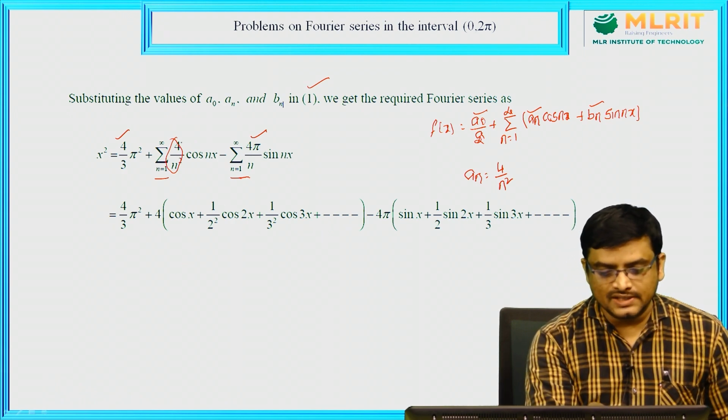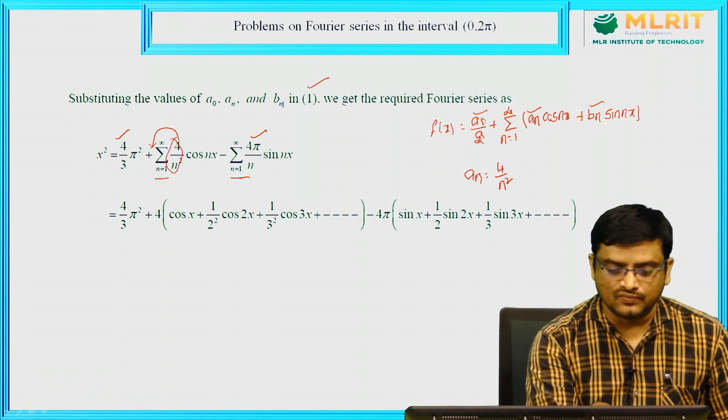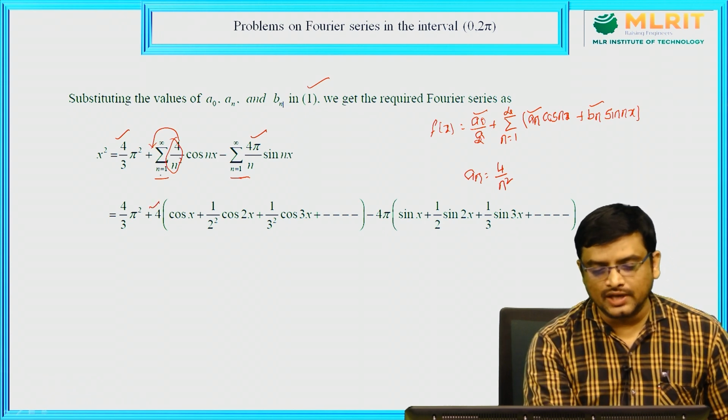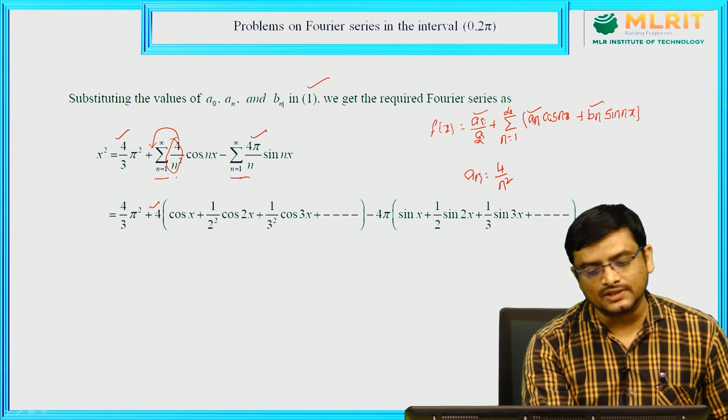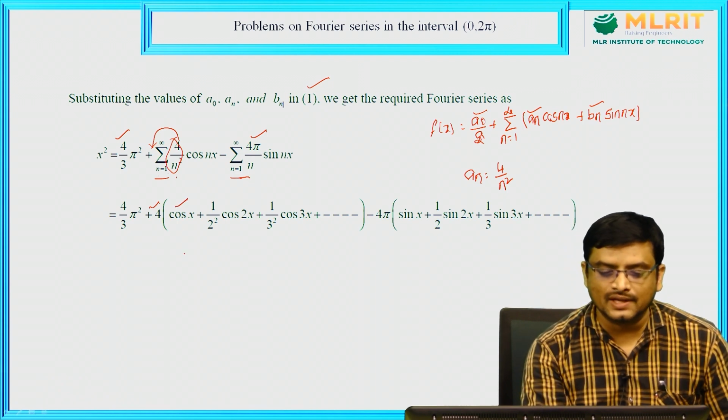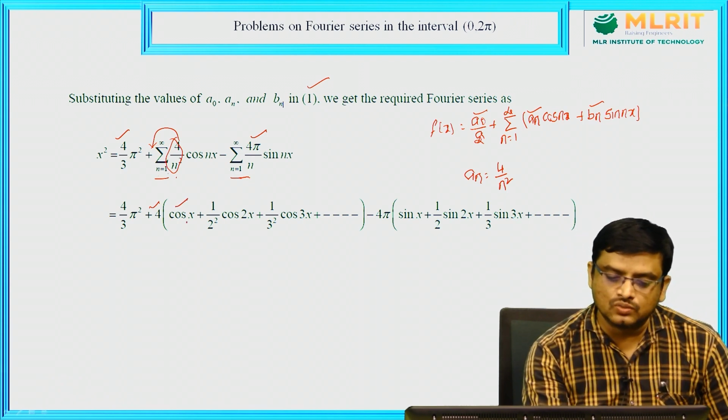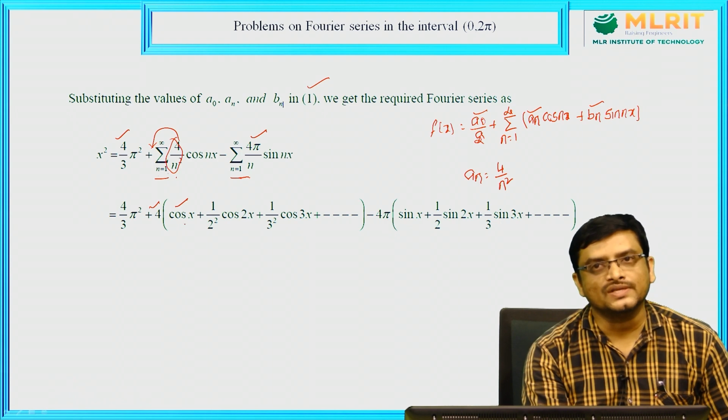Since 4 is a constant, I have taken that 4 outside, and now you take n is equal to 1 here. So 1 by 1 square, that is 1, 1 into cos 1 into x, that is cos x. So by taking n is equal to 1, you will get the first term as cos x.